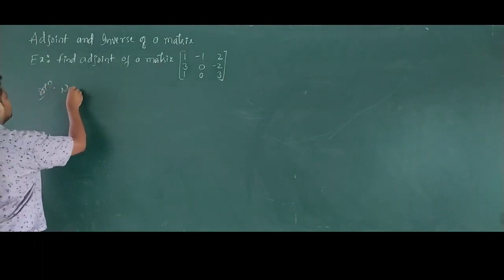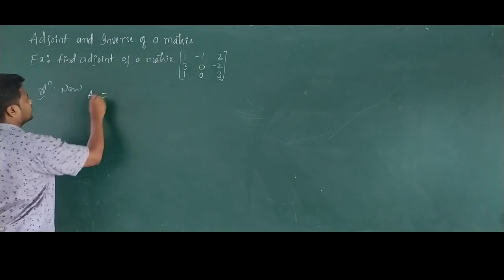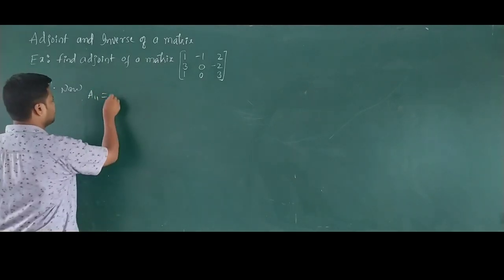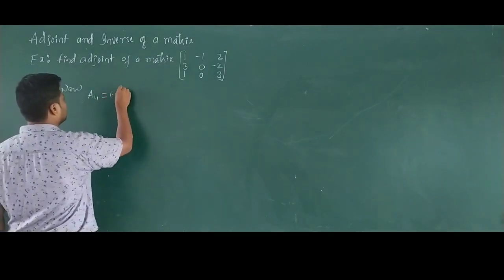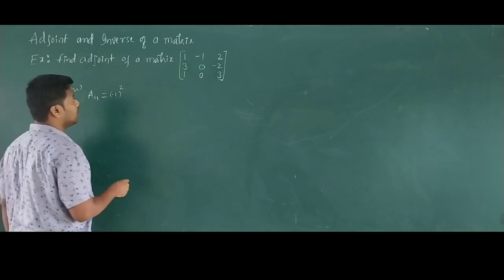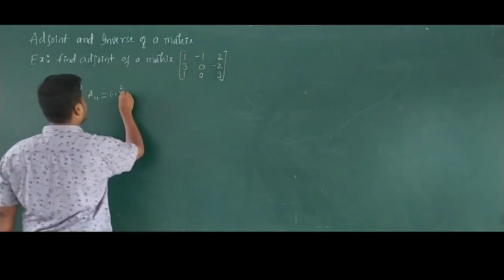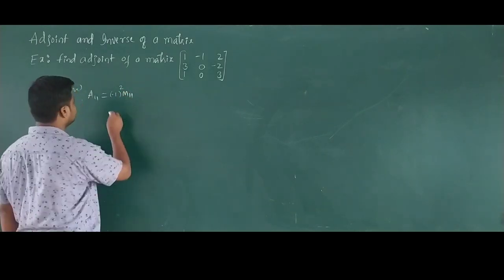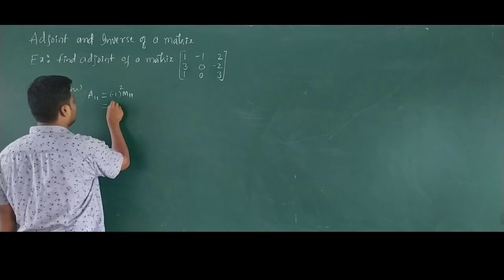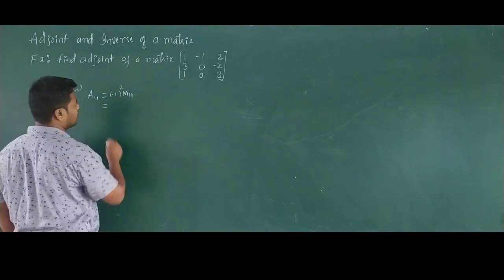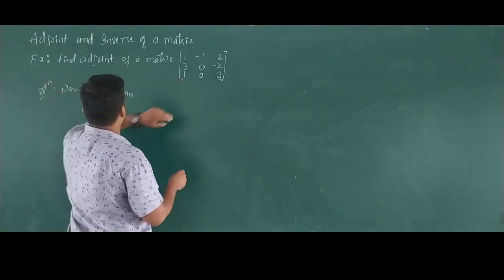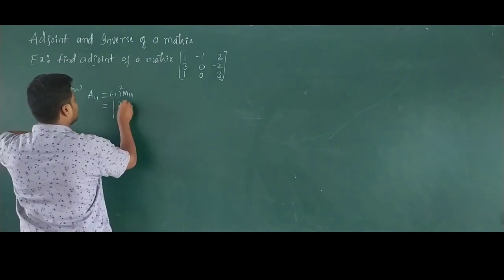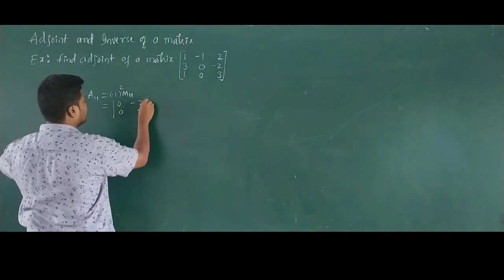Now A11 equals minus 1 to the power 1 plus 1, into M11. Removing the row and column of this element, the remaining is 0, minus 2, 0, 3, so this value is 0.